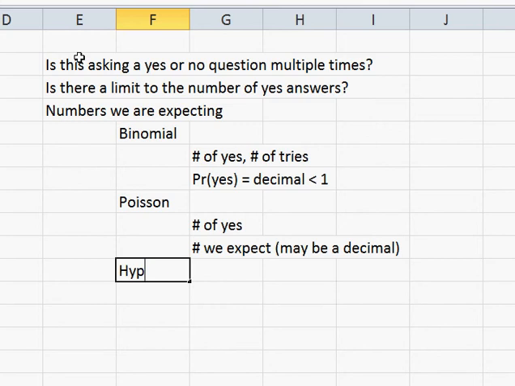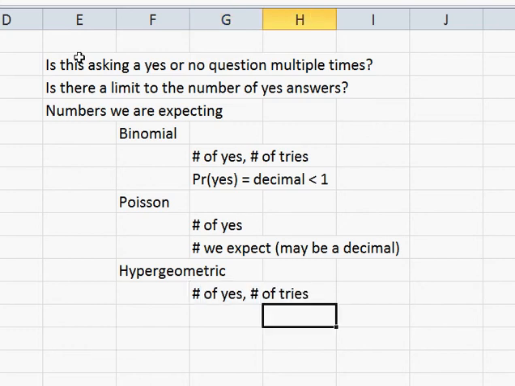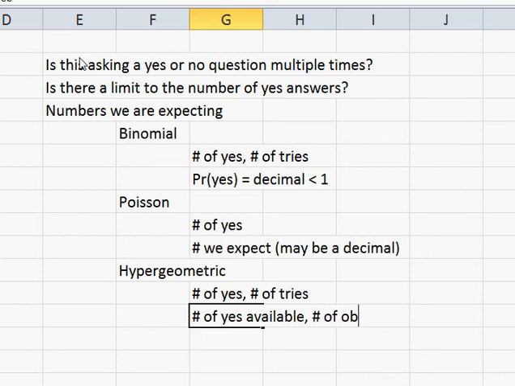So the last one, hypergeometric, has 4 numbers. We have the number of yeses, number of tries, and then the number of yeses available, and the total number of everything.